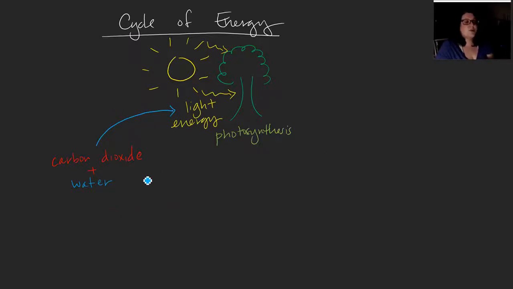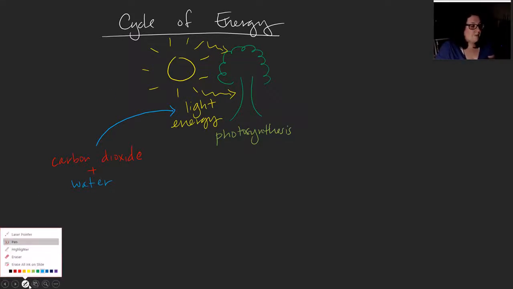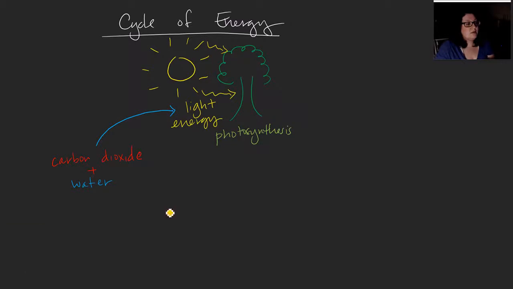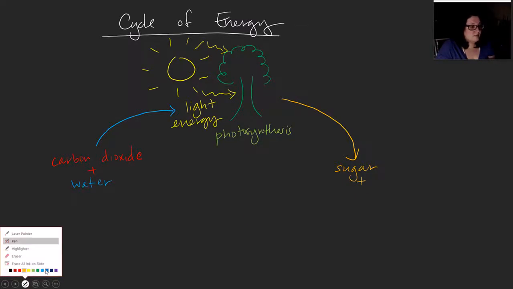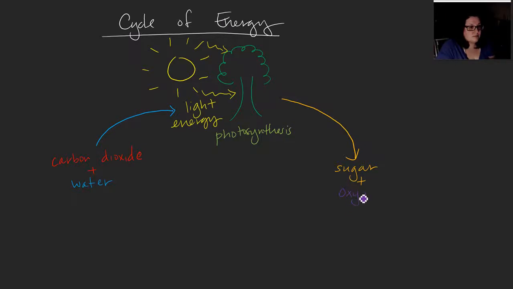Okay, so they're doing photosynthesis using carbon dioxide and water. Now, the products of photosynthesis are sugar and oxygen. And sugar and oxygen are used by us humans and animals.